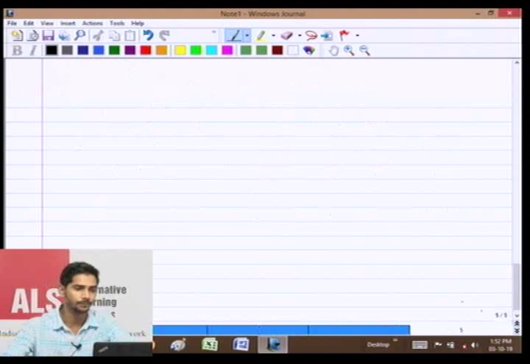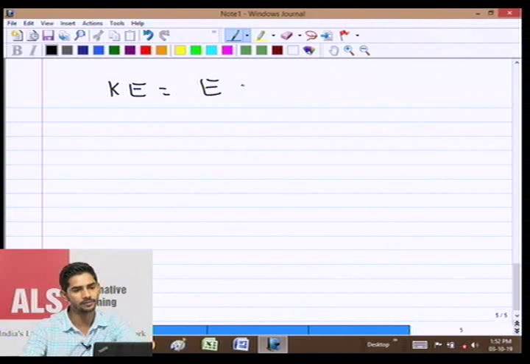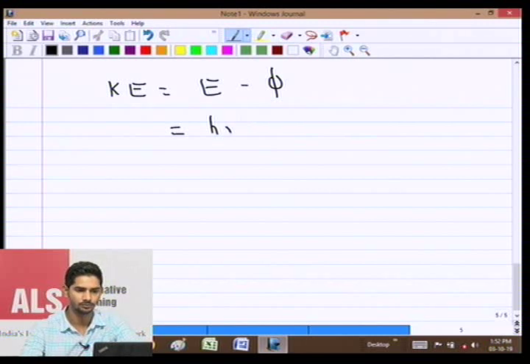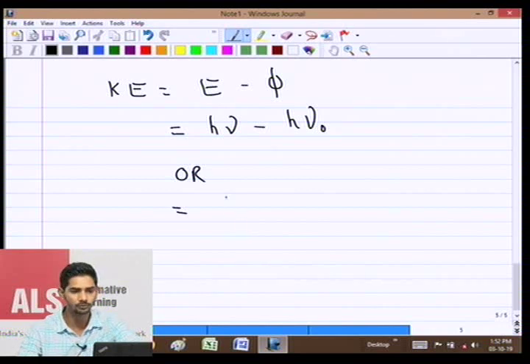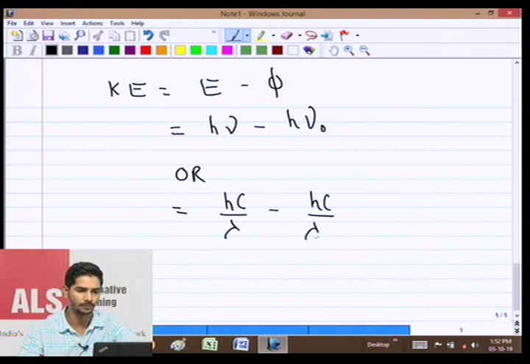Okay, see, kinetic energy was equal to E minus phi. This can be written as h nu minus h nu naught. This is one of the formulas. Or in the form of wavelength, you can write it as hc upon lambda minus hc upon lambda naught.